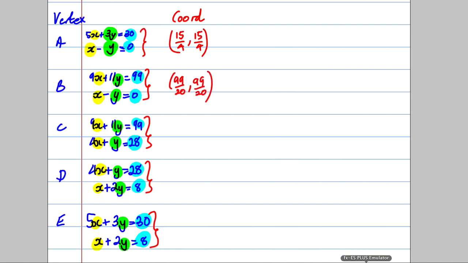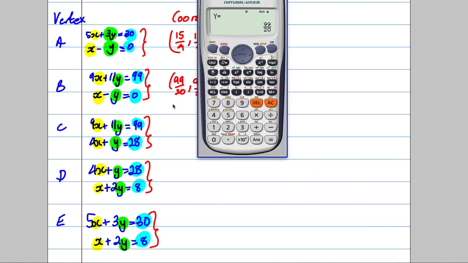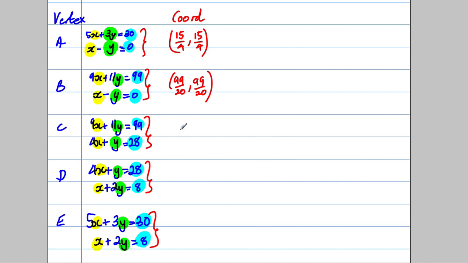Okay, for C, we want 9, 11, 99 and 4, 1, 28. So keep the top row, and we want 4, 1, 28, and we get the answer there: 209 over 35 and 144 over 35.